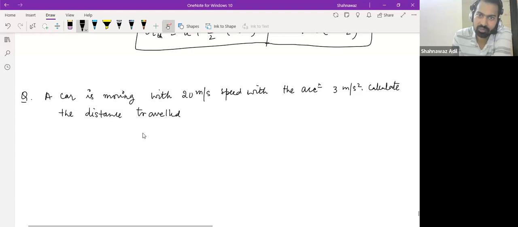So a car is moving with 20 meter per second speed with the acceleration 3 meter per second square. Calculate the distance traveled in 5 seconds and in the 7th second.